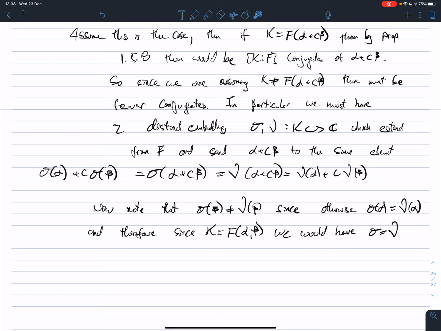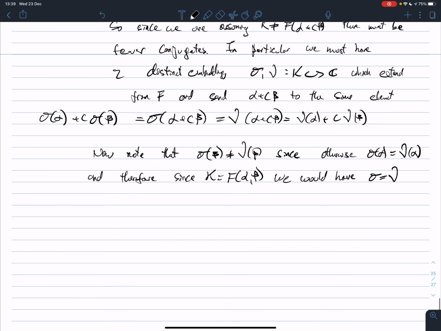I'd have two embeddings of this field which act the same on alpha and act the same on beta, so the two embeddings would have to be the same, but I'm assuming that there are two distinct embeddings. So they have to send alpha and beta to different things, which would contradict the fact that they are distinct.